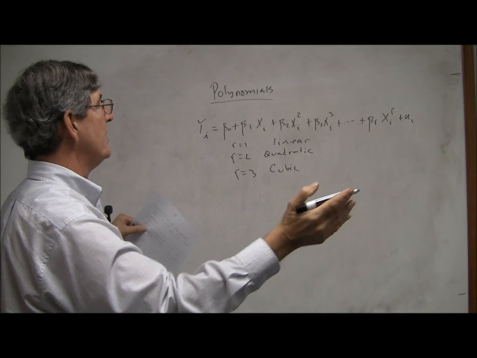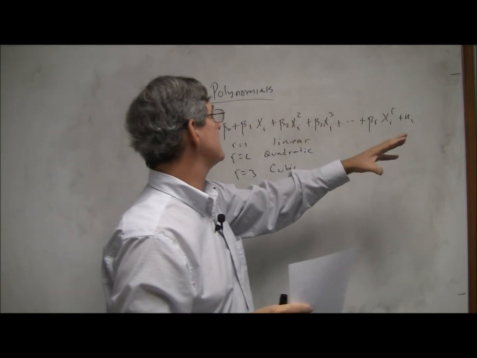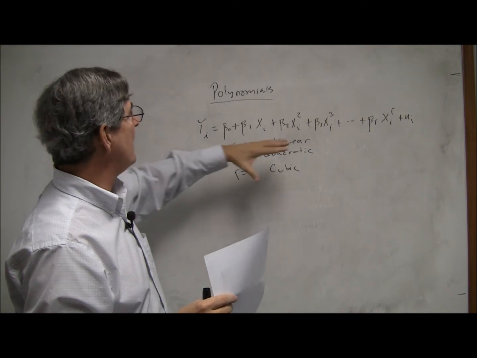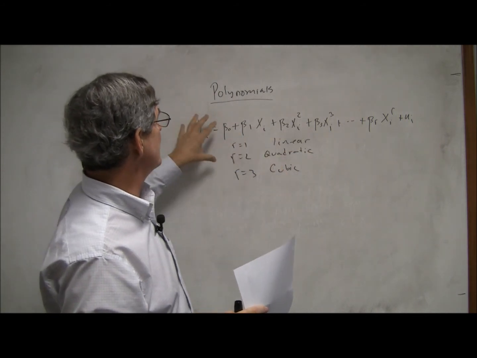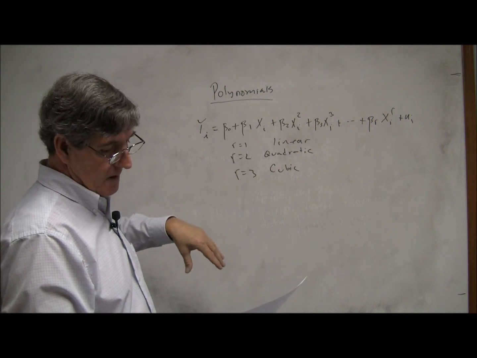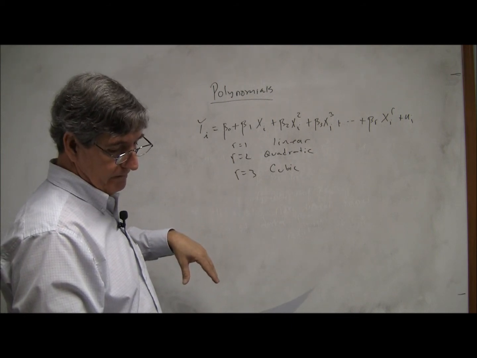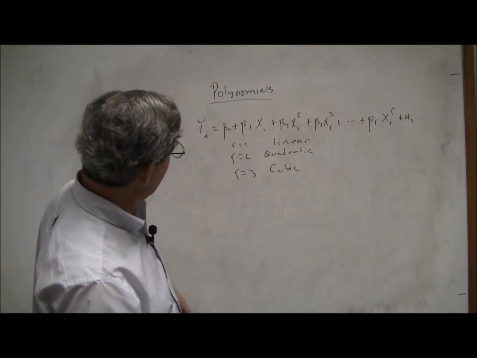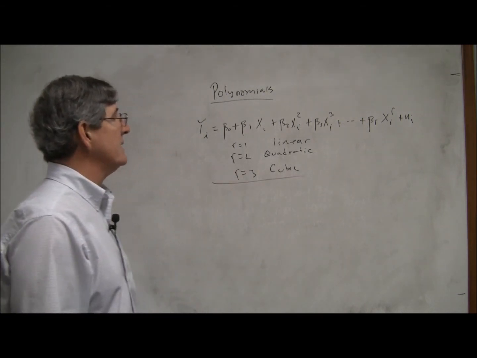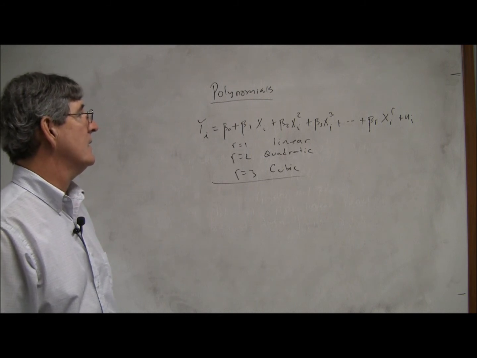Now you could have other terms in the model. I could have an x_2 and x_3. But usually you're modeling a relationship between y and x_i with these polynomials, and you're just looking at a nonlinear relationship of this form. You don't usually go beyond 3 unless there's really compelling reasons to do so.